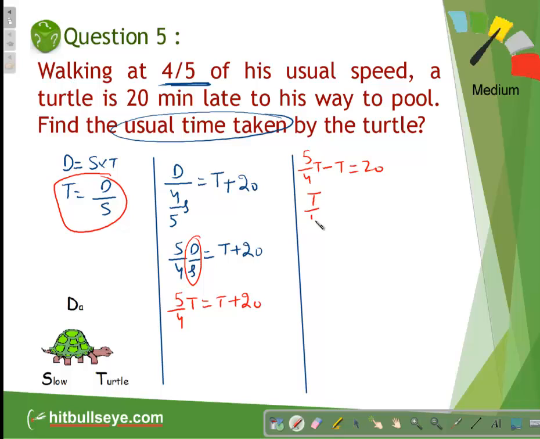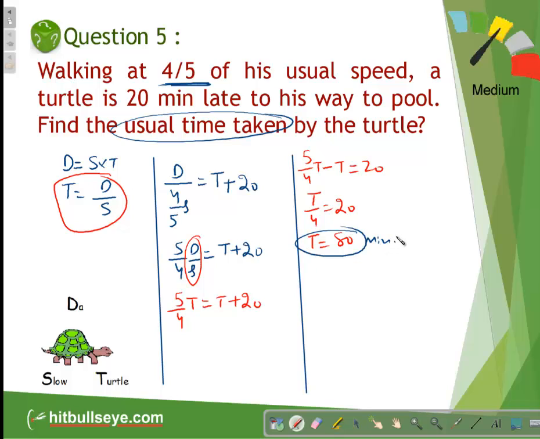So t by 4 is equal to 20, and here t will be equal to 80. And what is t? Usual time taken. We have taken t as the usual time. So our answer is 80 minutes.